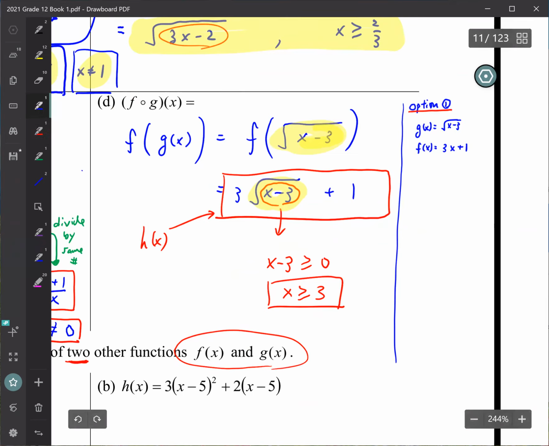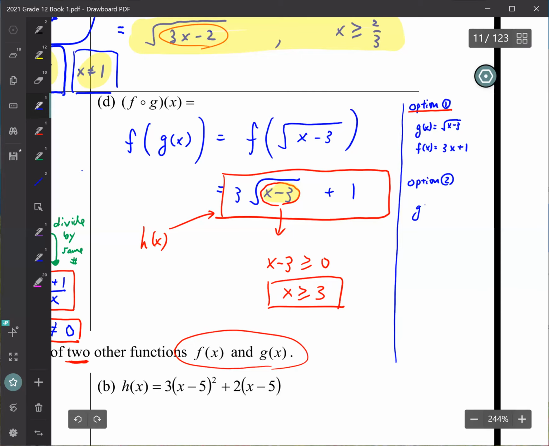Right, let's look at option 2. So instead of choosing square root of x minus 3 as your inside function, let me erase the yellow highlighted first. Okay, I'm going to choose the x minus 3, only the x minus 3 as my inside.